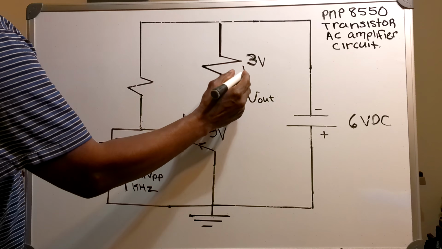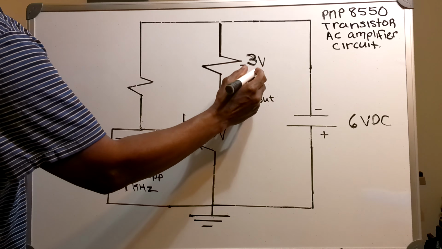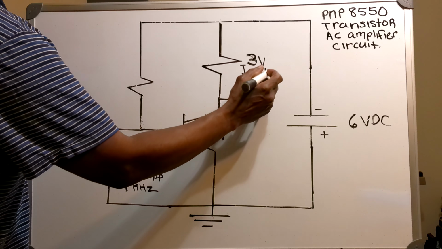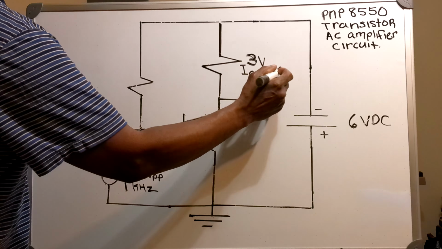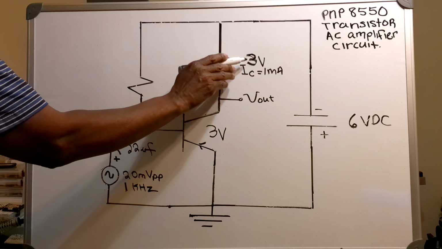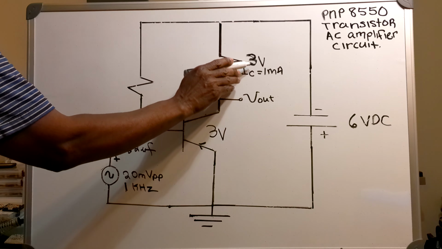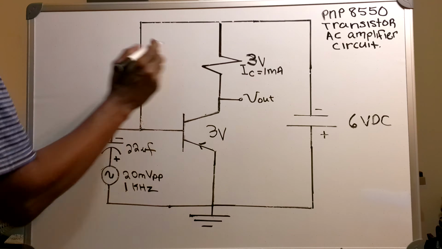Now I also want a collector current of 1 milliamp. Now what I'm going to do is I'm going to find what my resistor value should be.